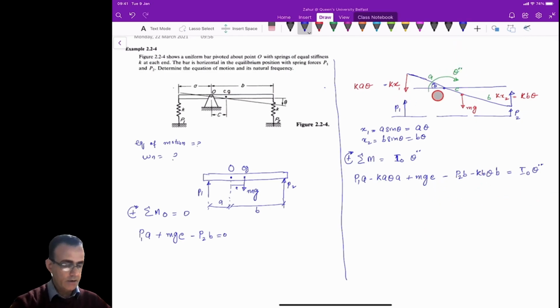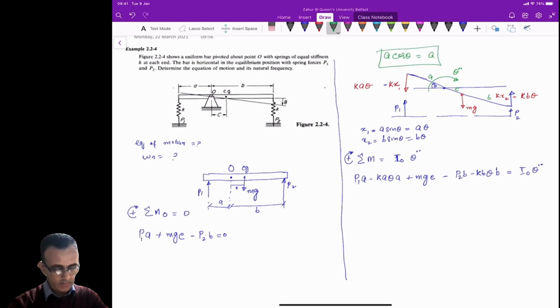And now you may have noticed one thing, that we are multiplying this with A, but you have to multiply with A cos theta. In this case, A cos theta is equal to A, because again the angle is very, very small. So if the angle is small, then you can multiply with A cos theta, which becomes equal to A. So we are just using A here.